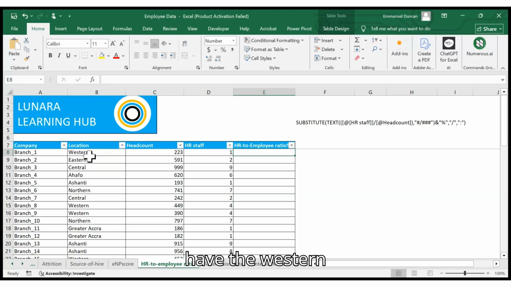We have the Western region, the Eastern, the Central region, Ahafo, Ashanti, Northern region as well. Then the head count, the total number of employees at each branch. We also have our HR staff at each branch.